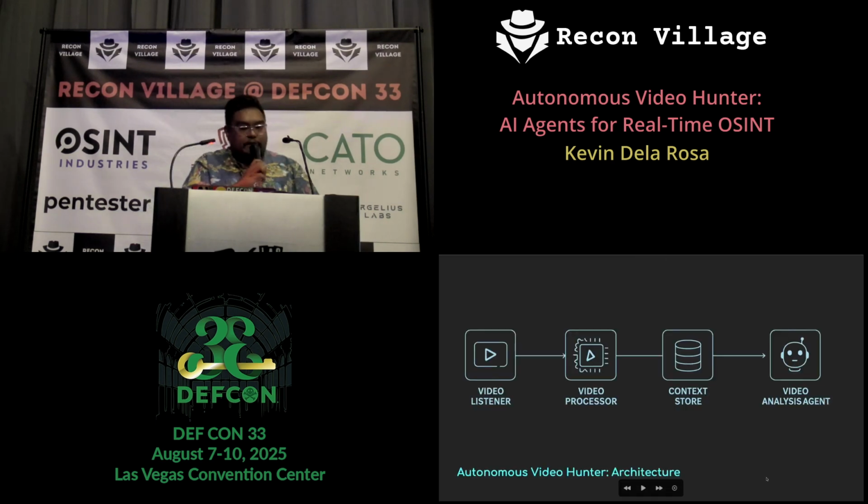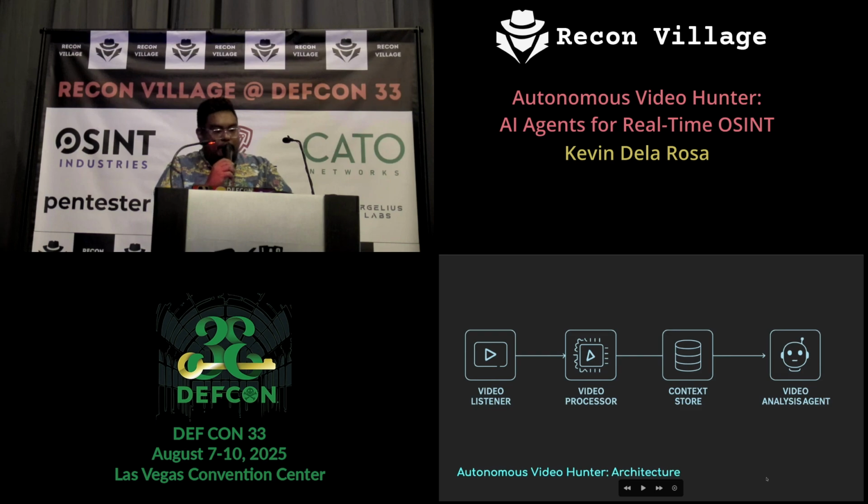Broadly, the architecture looks as follows. There's some system that first listens to the videos of interest. This is going to be the most variable thing in this setup, and I'll motivate the demos with a few different scenarios.